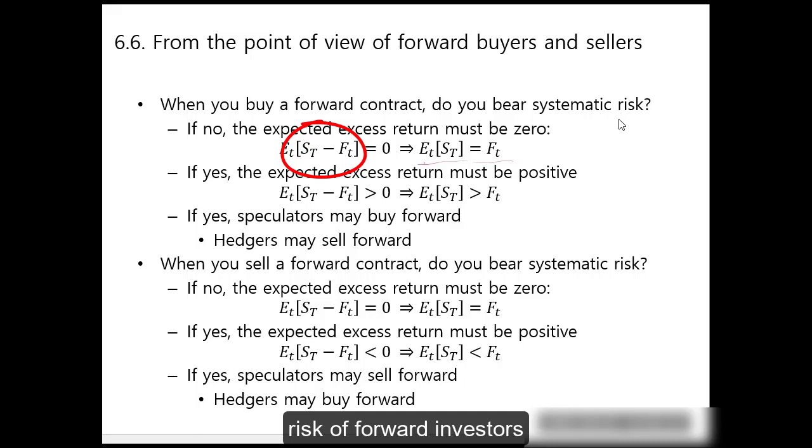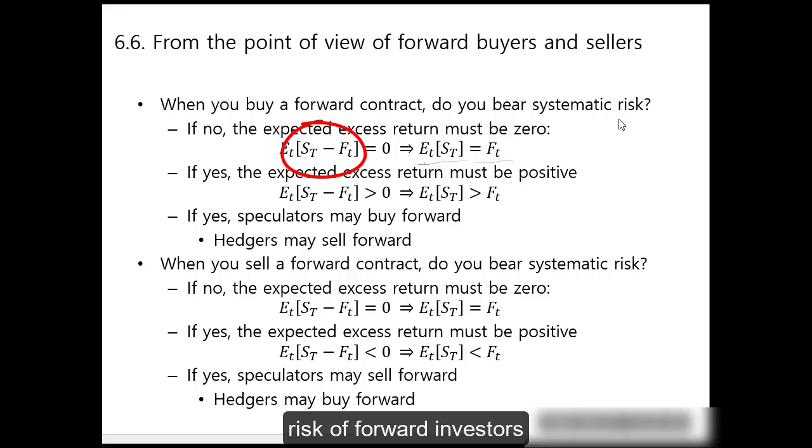So when you create a forward position, you don't expect to make any profit, which makes most sense because you didn't pay any money. And it makes sense that when you create some position, a forward position, you don't make money on average. That's the most natural situation in a sense.